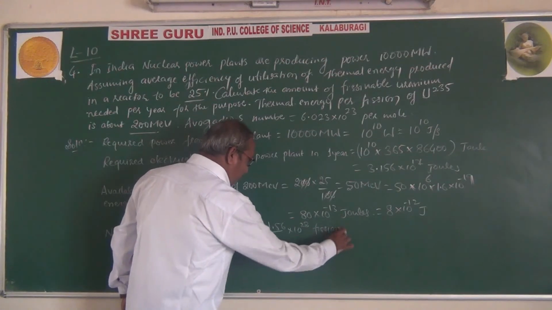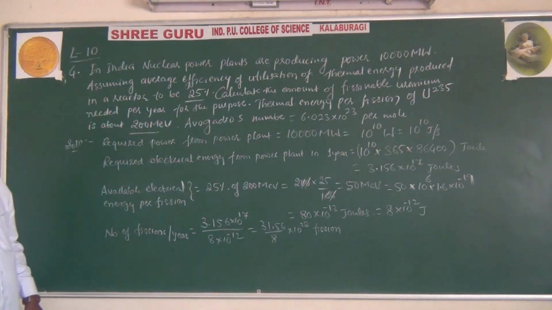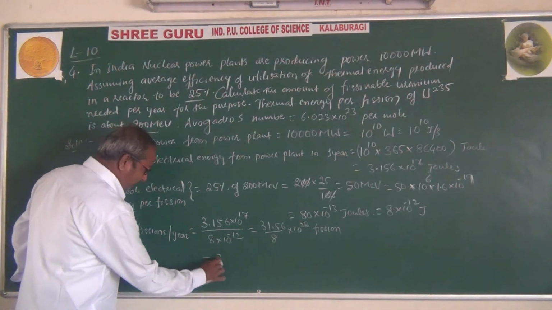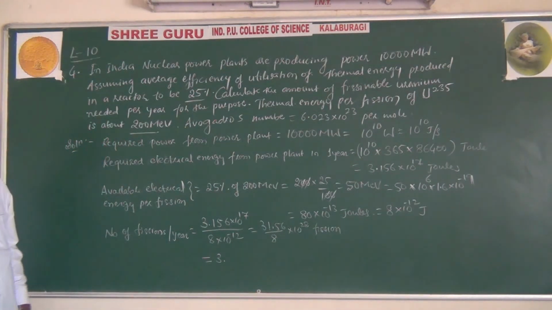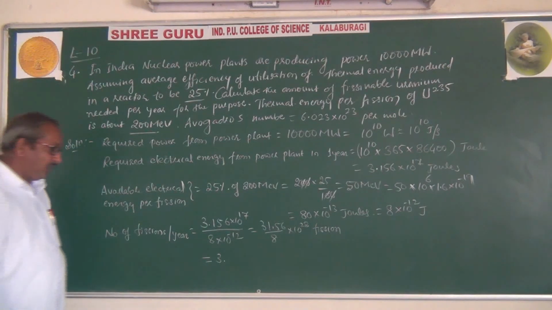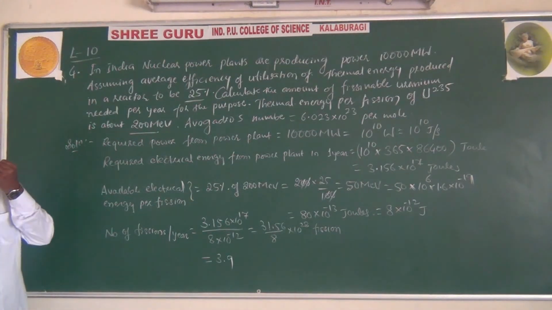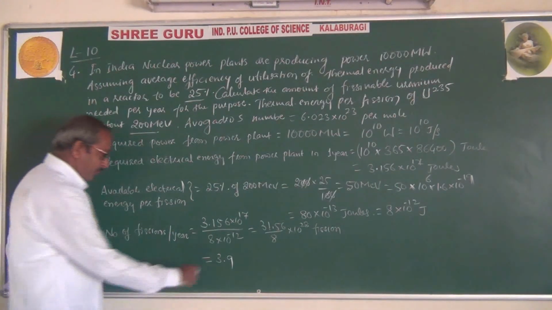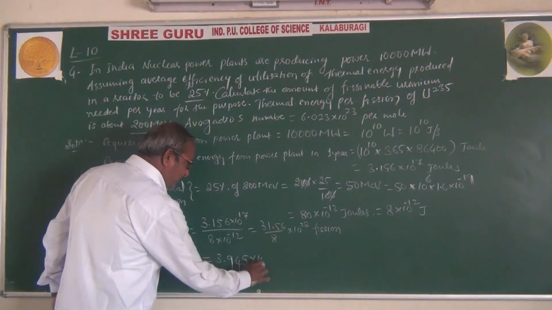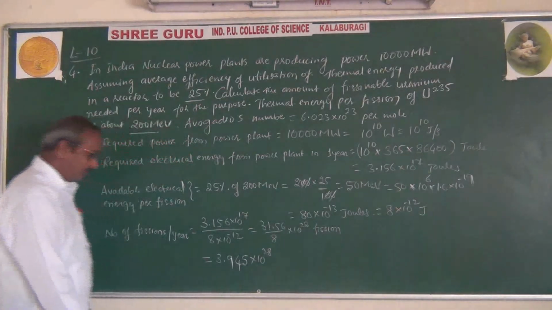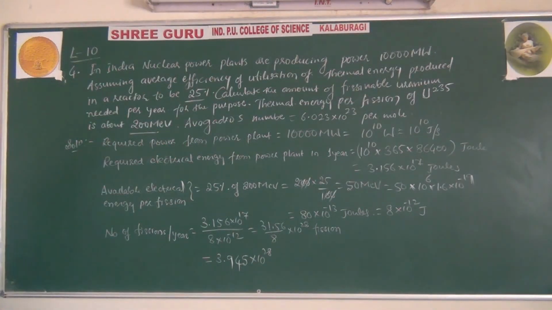Number of fissions, how much is it? 31.56 divided by 8 gives 3.945, so this many fissions can take place per year. 3.945 into 10 raised to 28 fissions will take place.